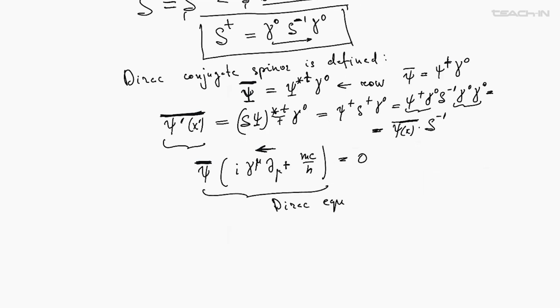It follows, of course, from the original Dirac equation by taking conjugation of the original Dirac equation and multiplying it with gamma 0. Then you can derive this equation from the original Dirac equation.